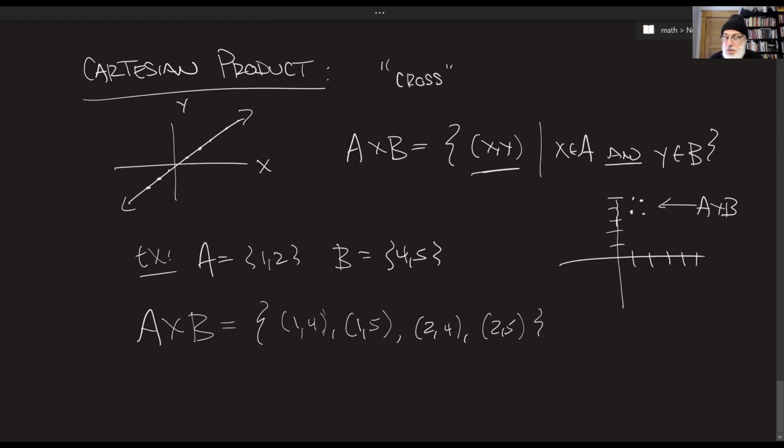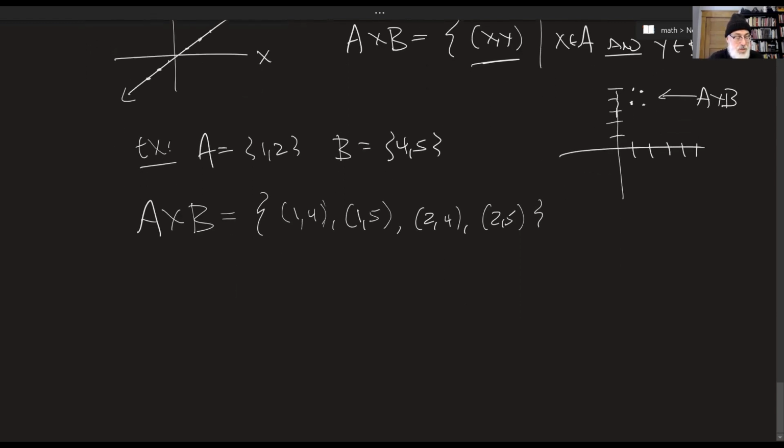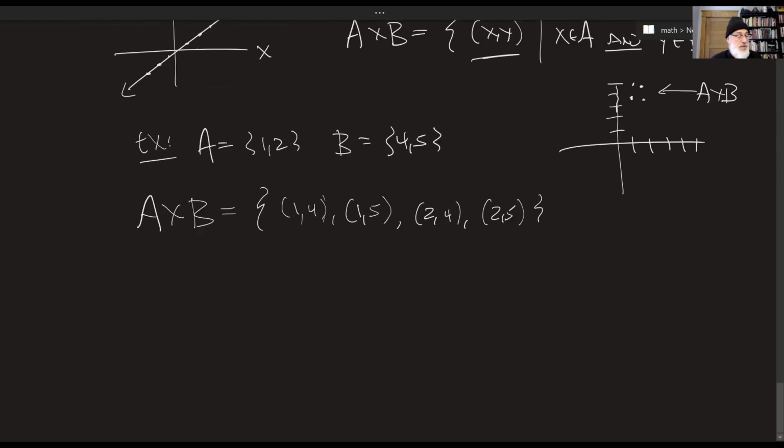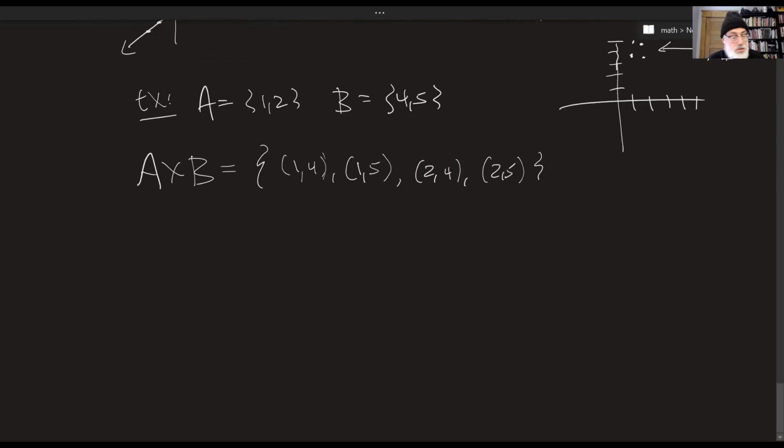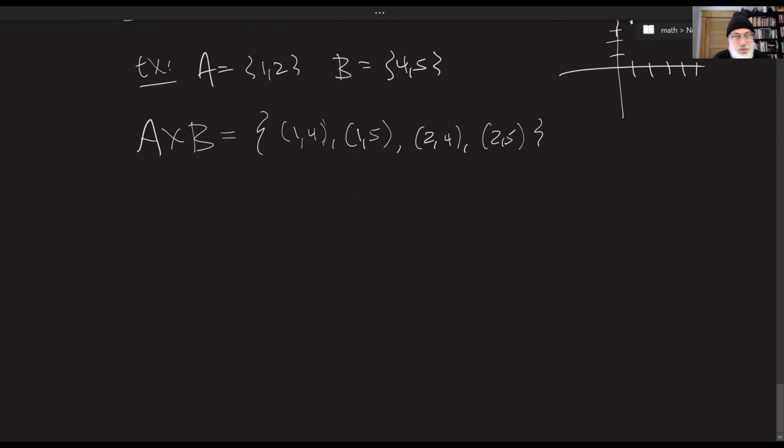It's those points there. Again, cross product comes up everywhere. So if you are studying mathematics and you're just starting out and you're taking discrete math, or you're in college algebra and you watch this video just out of curiosity, the Cartesian product stuff will be ubiquitous throughout math, as will this.